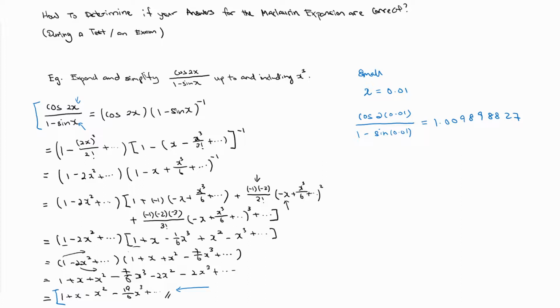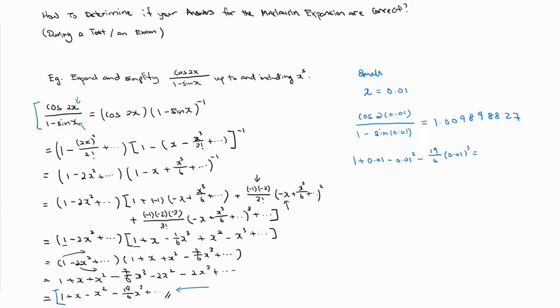Now, what we need to do next is to figure out the value of 1 plus x, which is 0.01, then minus 0.01 squared, which is x squared, minus 19 over 6, 0.01 cubed. So let's go ahead and press that into our calculator.